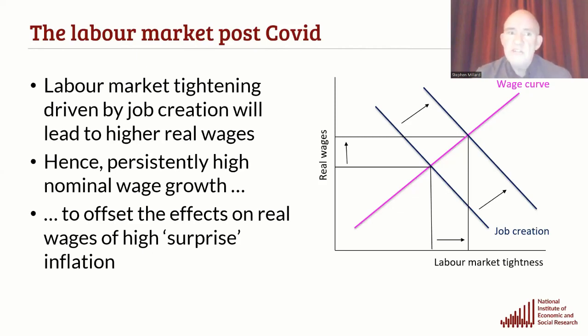So we saw a fall in real wages initially, but more recently, we're beginning to see rises in real wages as real wages catch up. And this can explain why we've seen persistently high nominal wage growth. And again, today's data, growth in total earnings, still 5.6% annually, which is pretty high.